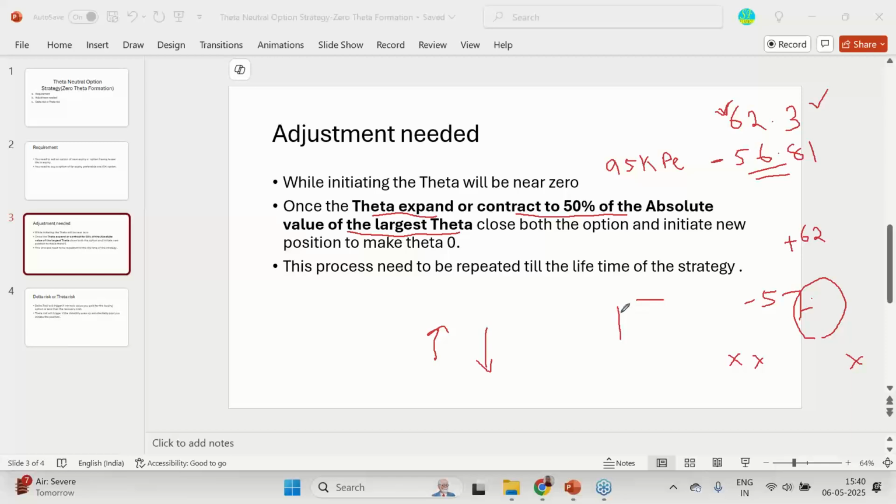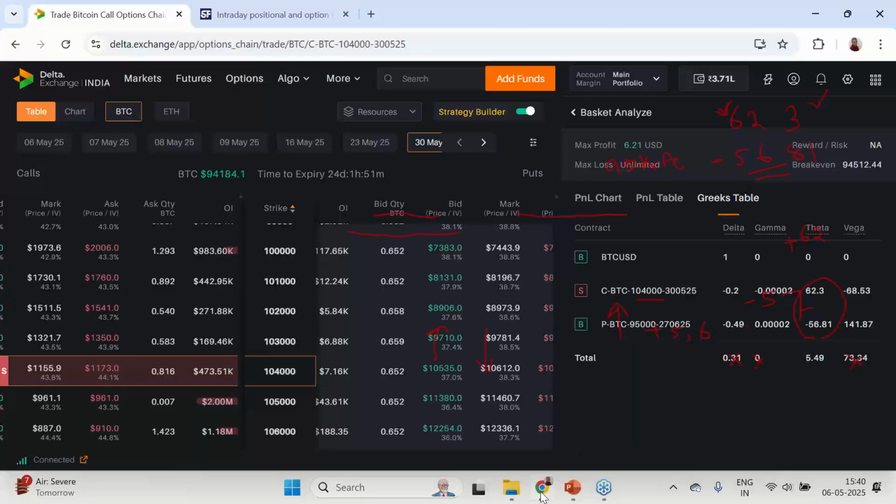When the price is going up, theta will become positive. Now it is 5 point positive. It will become 6 point positive, 7 point positive this way. It will increase. So the setup I have shown here for your understanding: you are having a future buy, you are having a put option purchase, and you are having a call option sell.